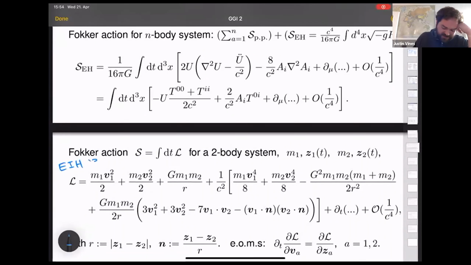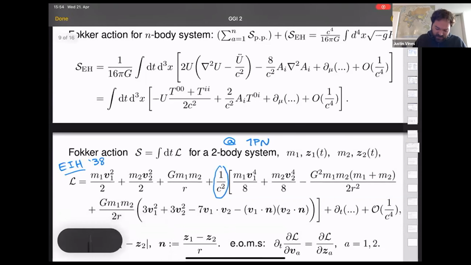It was actually not first derived by them in 1938. Something equivalent was first derived by Lorentz and Droste in 1917, but it continues to be called the Einstein-Infeld-Hoffmann Lagrangian for a two-body system at 1PN order, so at order 1 over c squared. This first part we recognize as the Lagrangian for a Newtonian two-body system, the Kepler problem, and then here are our first post-Newtonian corrections.